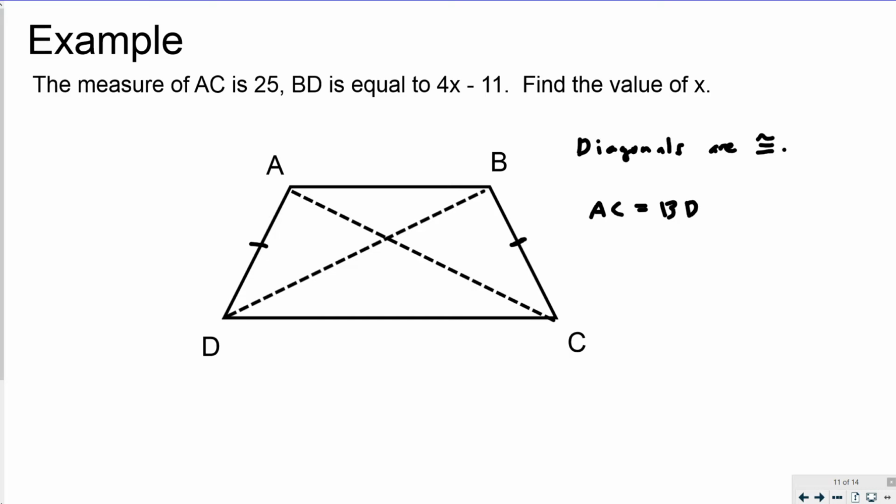So I can write 25 in place of AC is equal to BD of 4x minus 11. Then if I add 11 to both sides, I get 36 equals 4x. So dividing by 4, x equals 9. So x equals 9 in this case.